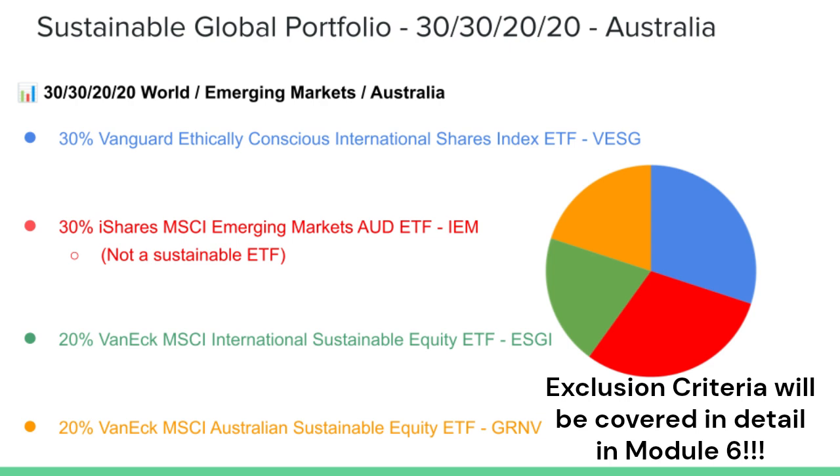And they basically use the Morningstar Sustainalytics controversy ratings, which screen companies that fail to comply with these standards, which then are excluded accordingly. The ESGI ETF follows the MSCI World ex Australia Index, which screens out companies based on the following criteria.